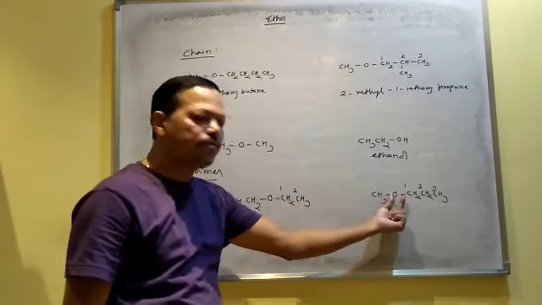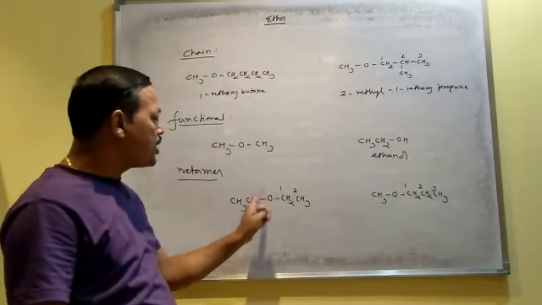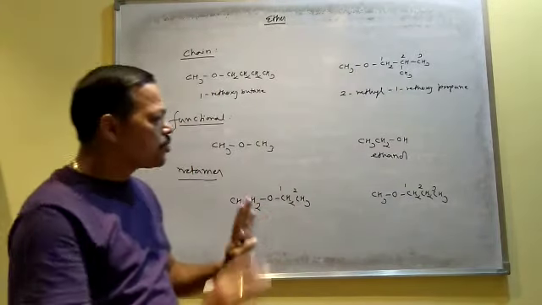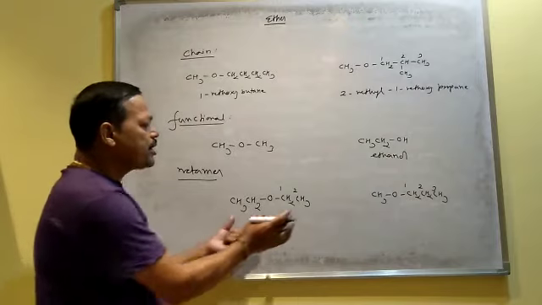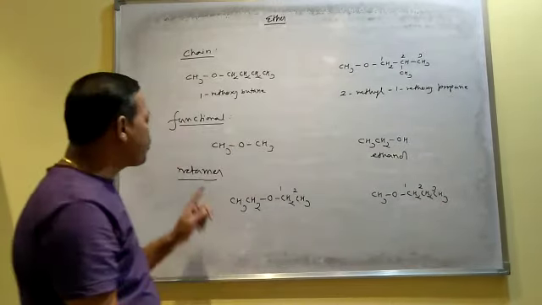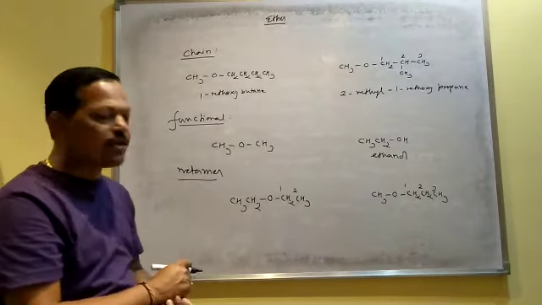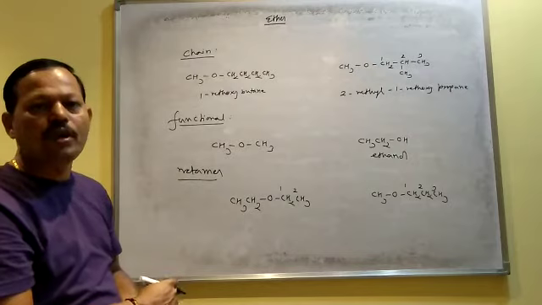Functional group same, ether, ether. Position of functional group is also the same, 1-ethoxy, 1-methoxy. But what is the difference between them? Here alkyl groups are different. So this type of isomers are called metamers. Inside the functional group, if the alkyl groups are different, then that type of isomers are called metamers.